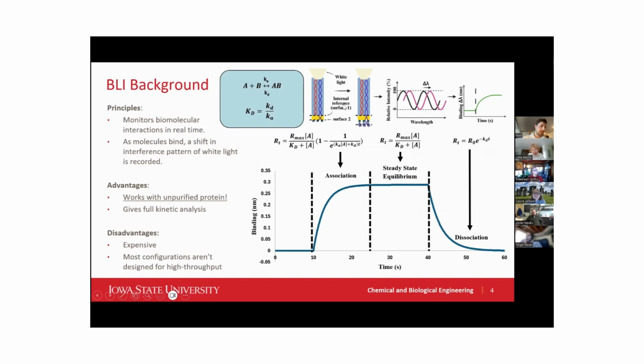As proteins bind to the end of the biosensor, it causes a shift in that interference pattern of light, which can be recorded as a signal over time. This allows you to monitor biomolecular interactions in real time. When we do that, we can generate a sensorgram that looks something like this on the bottom here. Once we have that data, we can fit it to kinetic models and determine our KD value, which is the value that we associate with the nanobody affinity.